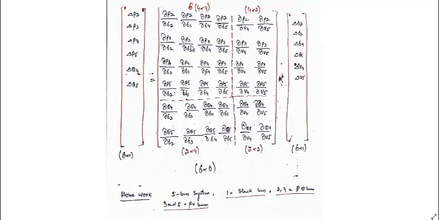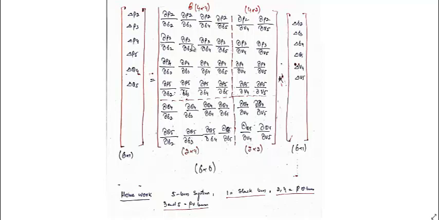So the J1 matrix will be 4 cross 4, that's n minus 1 cross n minus 1. That is real power derivatives with respect to deltas. This is real power derivatives with respect to the unknown voltages. This is the reactive power derivative with respect to the deltas. This is the reactive power derivative with respect to voltages.